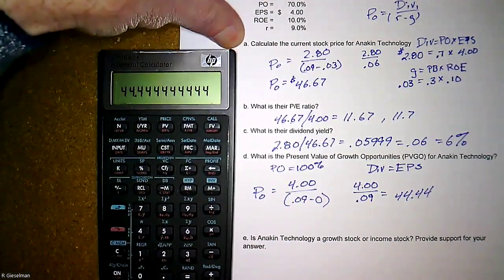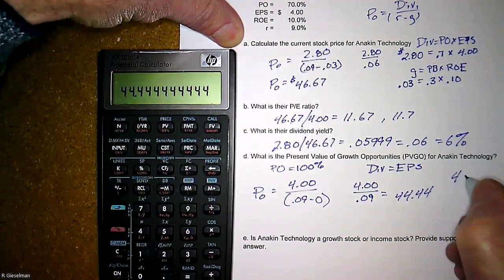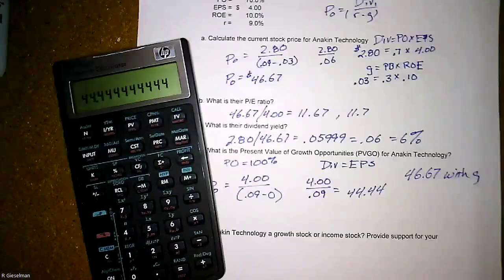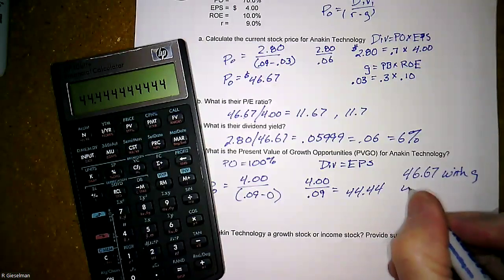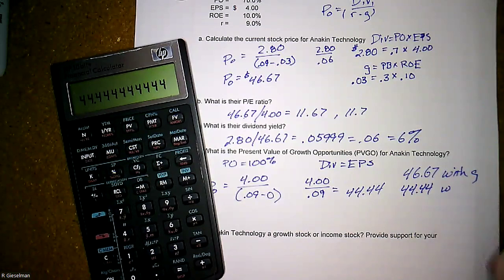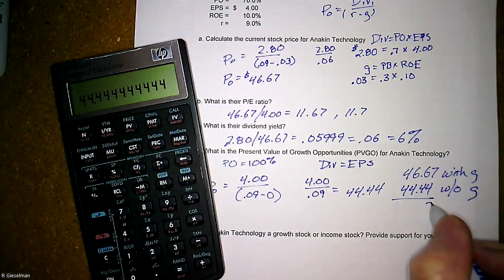So what is the present value of growth opportunities? People are paying $46.67 with growth. They would be willing to pay $44.44 without growth. What's the difference between those?